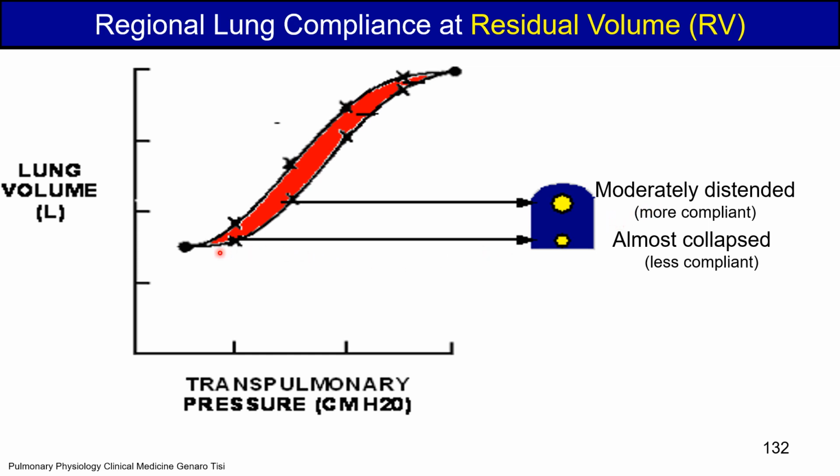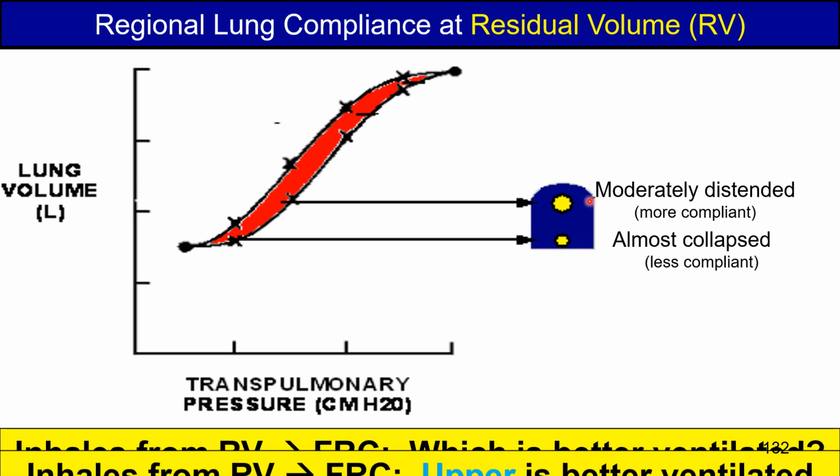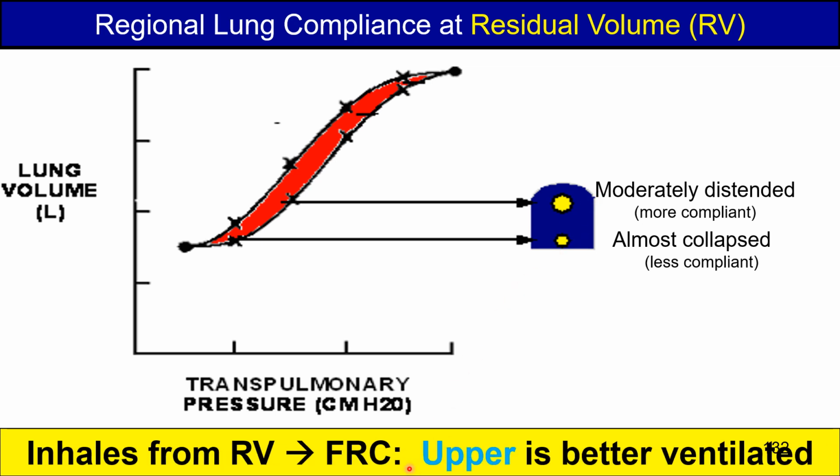Therefore, when we inhale from RV to FRC, most of the ventilation goes to the moderately distended alveoli, so the upper lung zone is better ventilated than the lower lung zone.